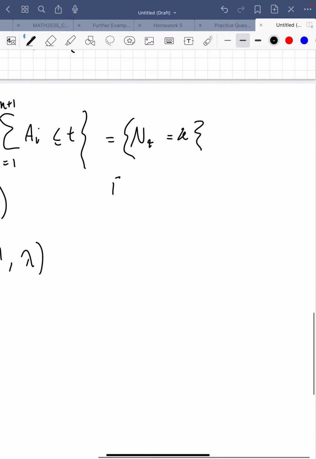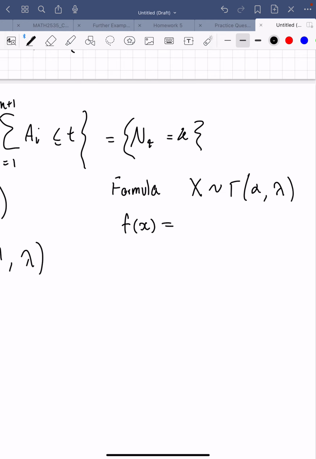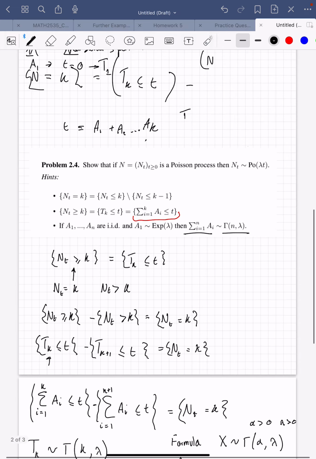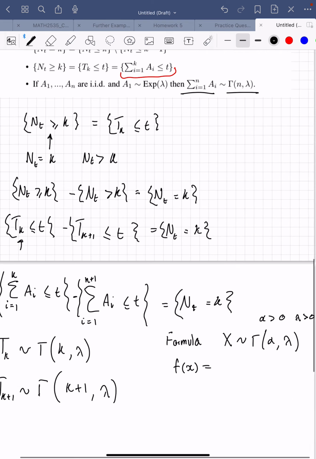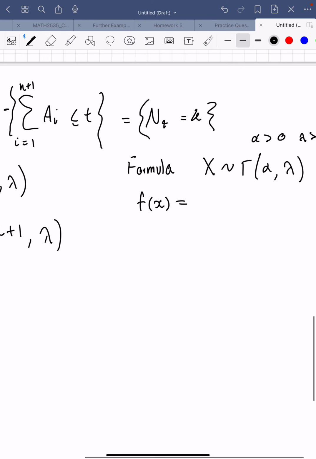Now, the formula is given, so the function of a normal gamma distribution of x, which uses alpha and lambda, given both alpha and lambda are greater than 0. We are also given that lambda is greater than 0 because we know that t is greater than or equal to 0, and if it's a Poisson process, then lambda has to be greater than 0 anyway. So let's carry on.